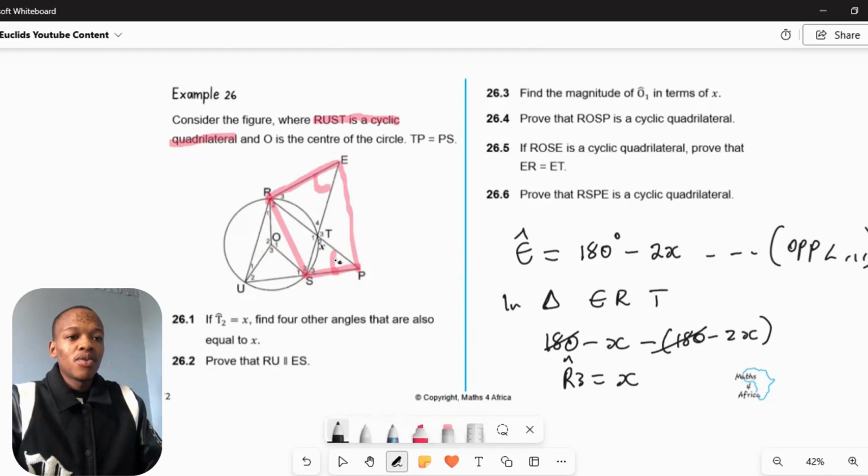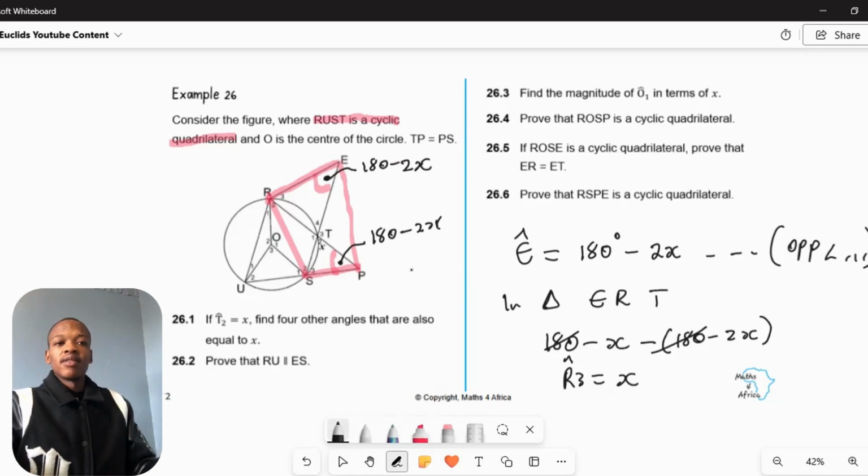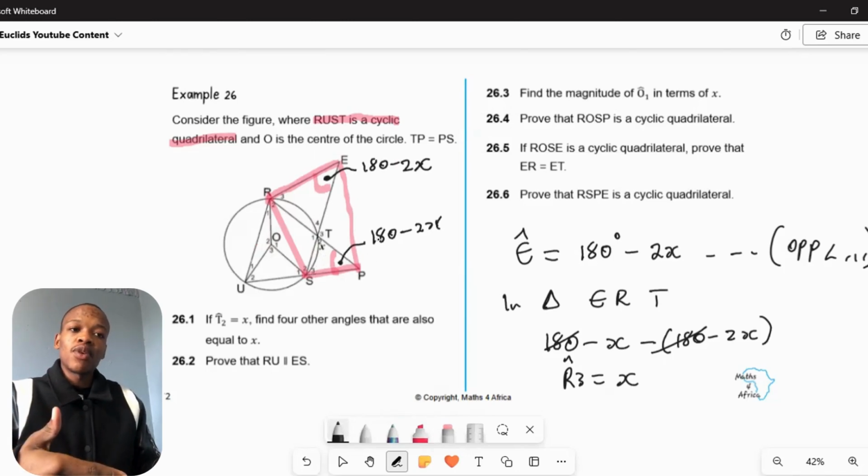Remember, we know that this one is 180 minus 2x, from what we have worked out before. And then also this one is 180 minus 2x. Then you'd say angle E there is equivalent to angle P. And then it's proven because they are both equal to 180 minus 2x.